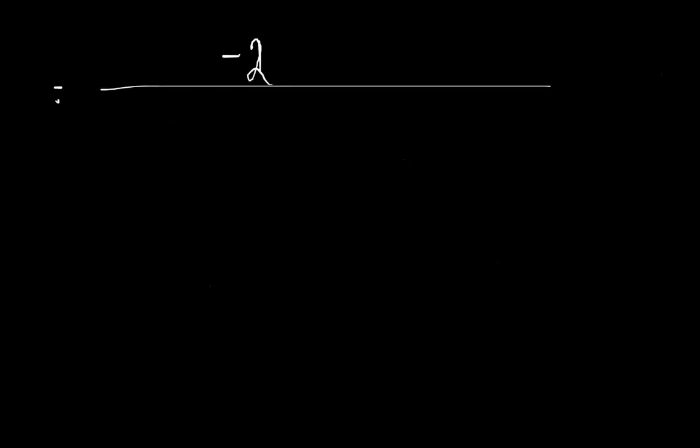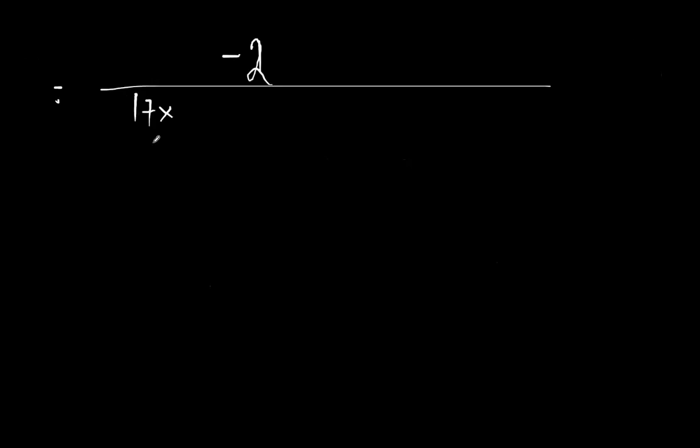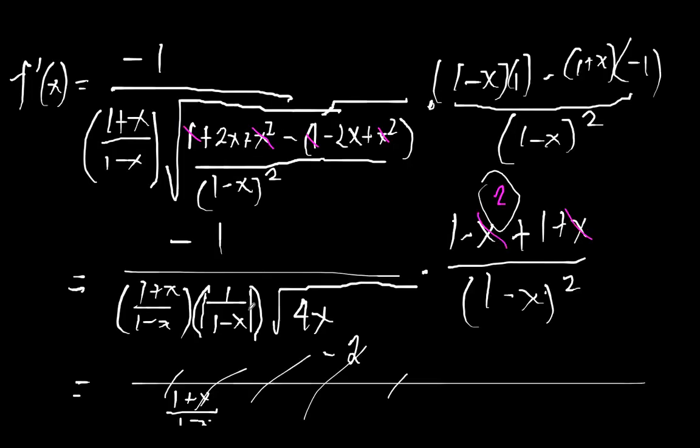This is 1 plus x over 1 minus x times the absolute value of 1 minus x, correct?